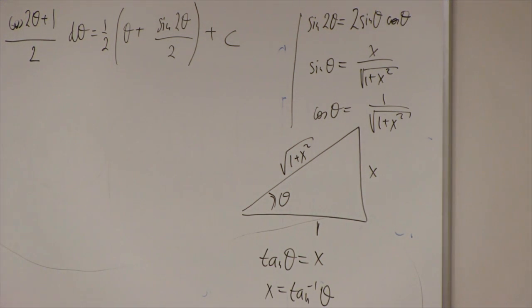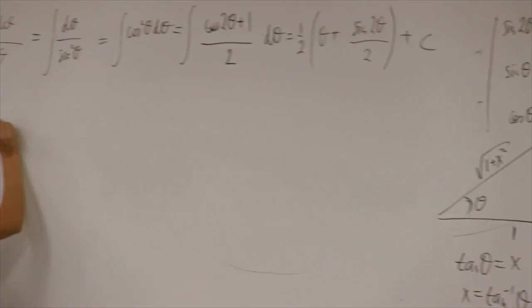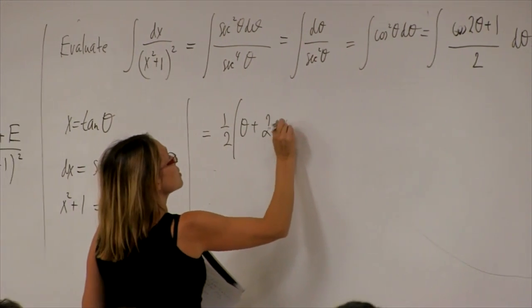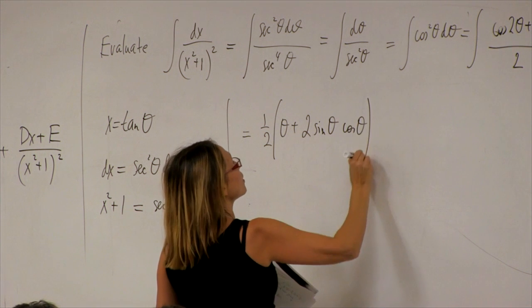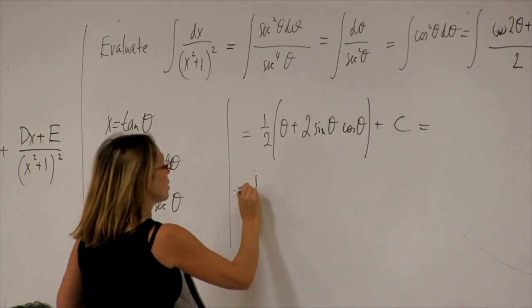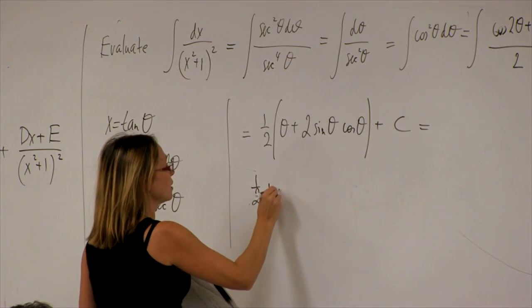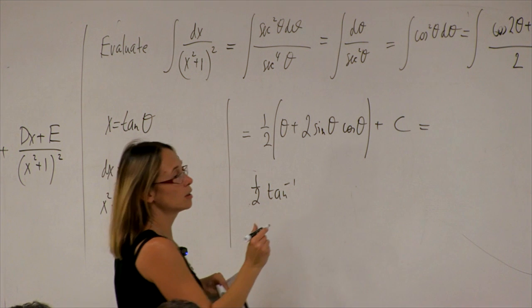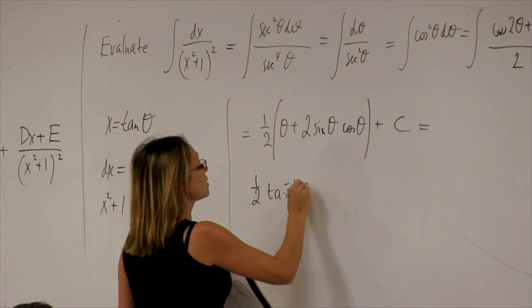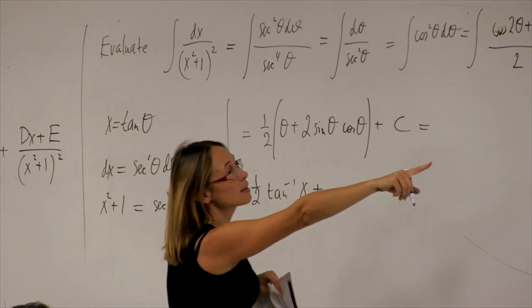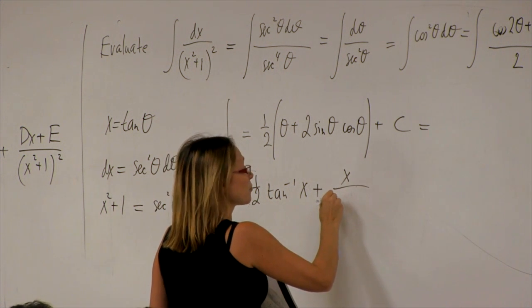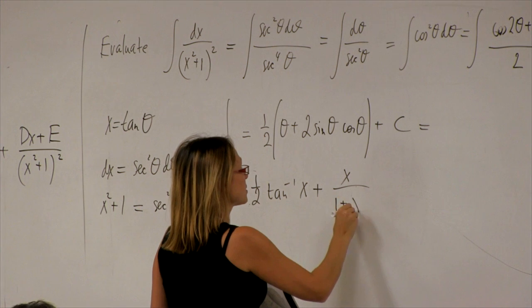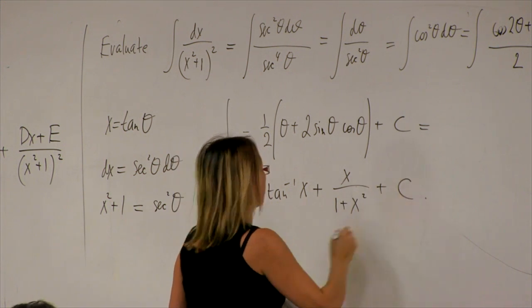So I put 1/2 theta plus 2 sine theta cos theta plus c. 1/2 tangent minus 1 of x plus sine times cosine, x divided by 1 plus x squared.